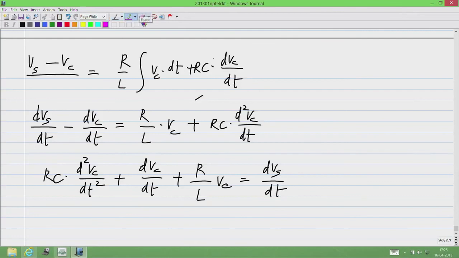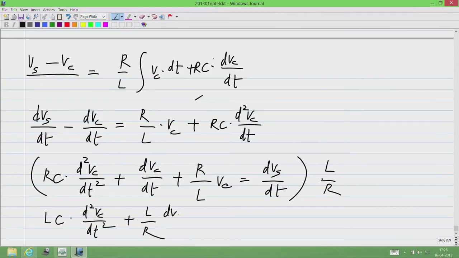The reason I did this is to put the source on the right hand side and the unknown Vc on the left hand side. And I will rearrange this further. I will multiply the whole thing by L by R, and I will get LC times the second derivative of Vc, plus L by R times the first derivative of Vc, plus Vc equals L by R dVs by dt.